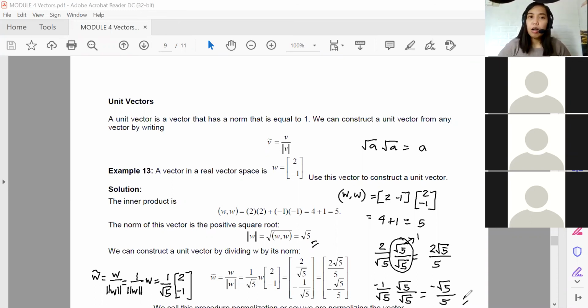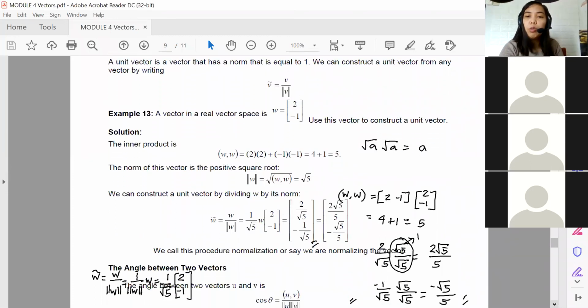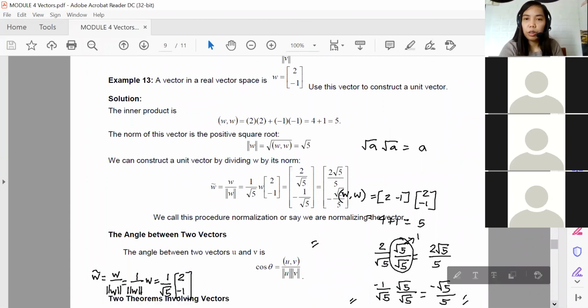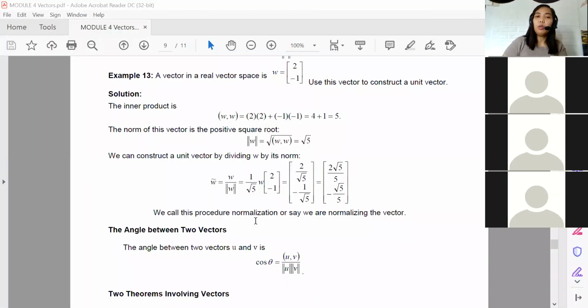So that is the unit vector: 2 square root of 5 over 5, negative square root of 5 over 5. This is the final answer. And we call this procedure normalization. We normalize the vector.